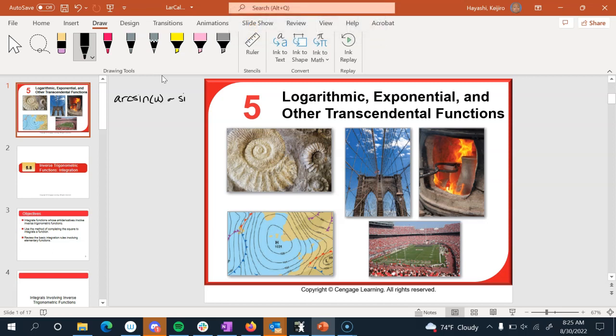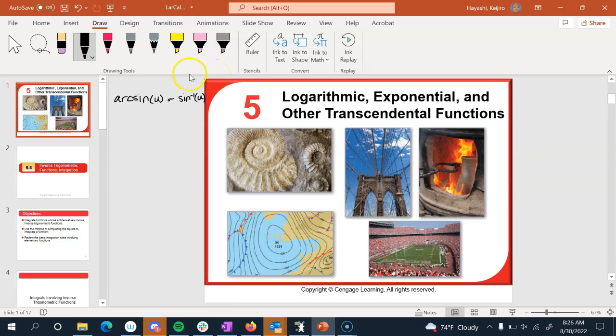So this little -1 is not an exponent, meaning it's not 1 over the sine or anything like that. It literally means the inverse of sine, which is a completely different function altogether. So don't just take 1 over the sine of u and say, okay, well that's the arcsine.